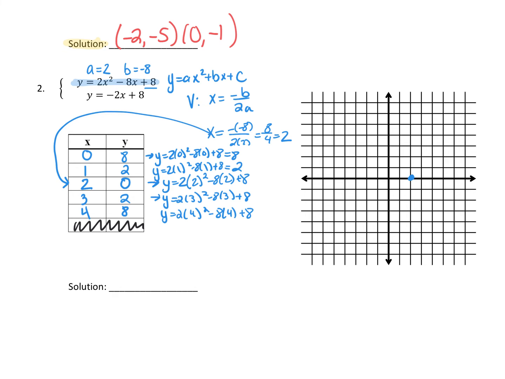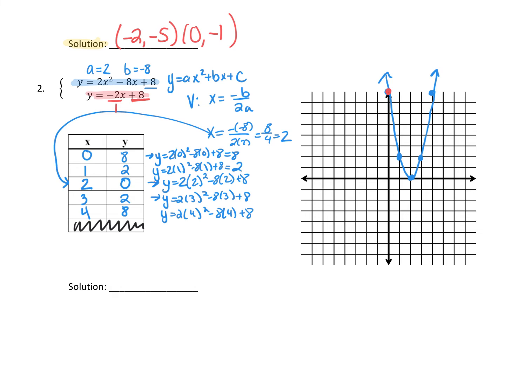So (2, 0), (0, 8), (1, 2), (2, 0), (3, 2), (4, 8). All right, now I want to graph this line. So again, lines start on the y-axis. This is going to start on the y-axis at 8.